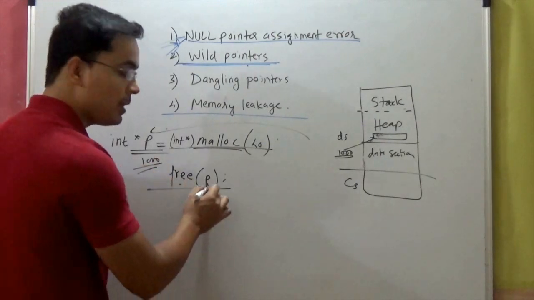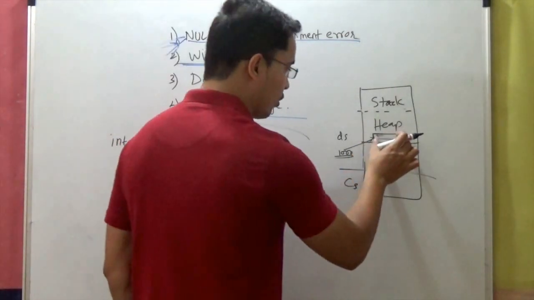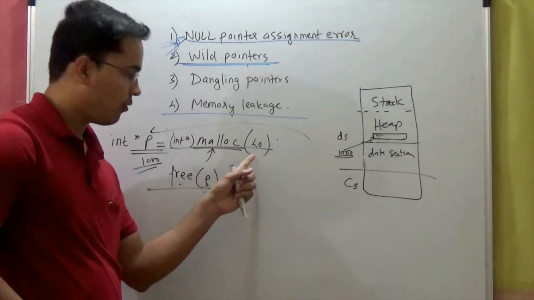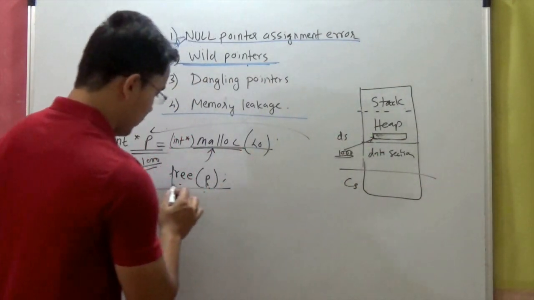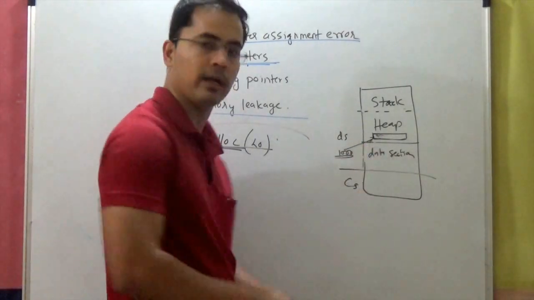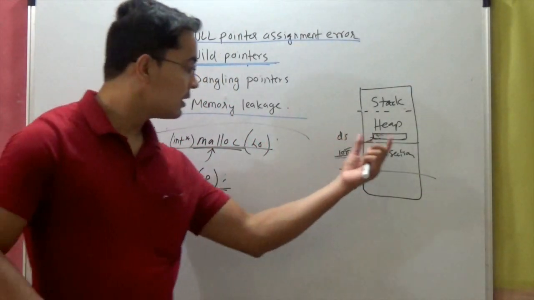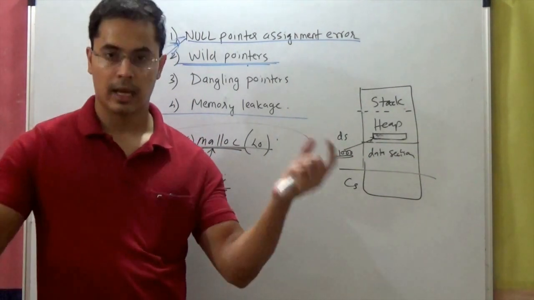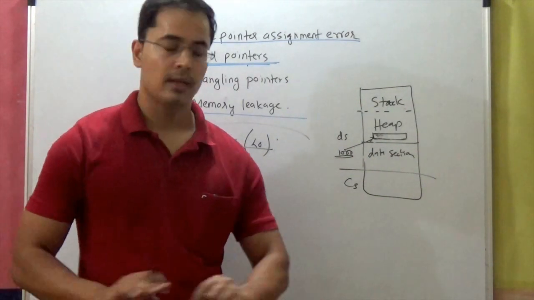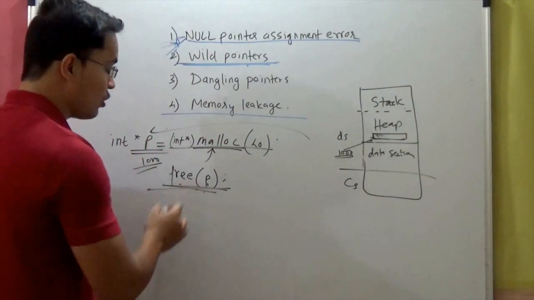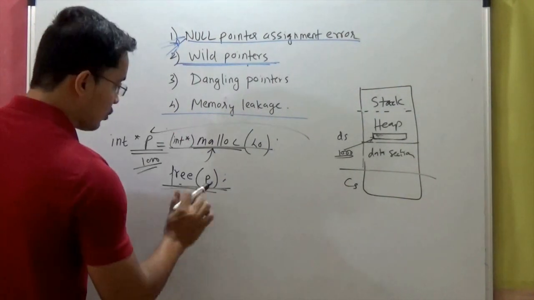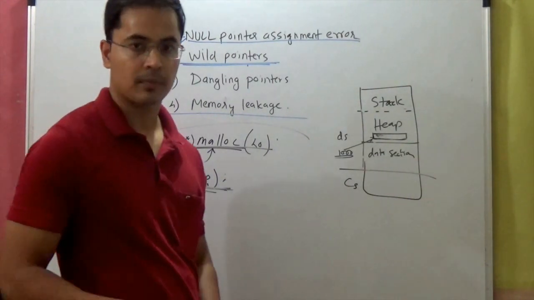So free(p) will deallocate the 40 bytes of dynamically allocated memory that was allocated starting from 1000, so that this memory could be utilized for other calls of malloc, calloc, or realloc. So this is a good practice. When you do not require the dynamically allocated memory anymore, you should always free it.